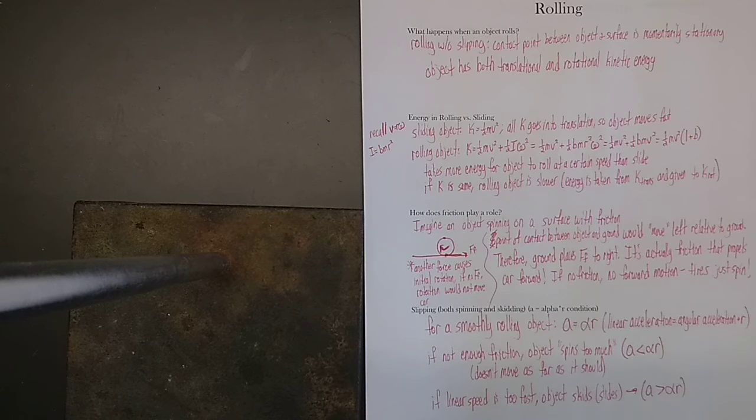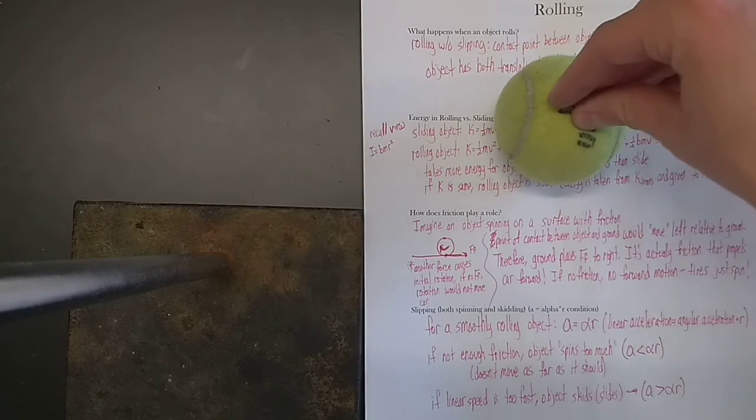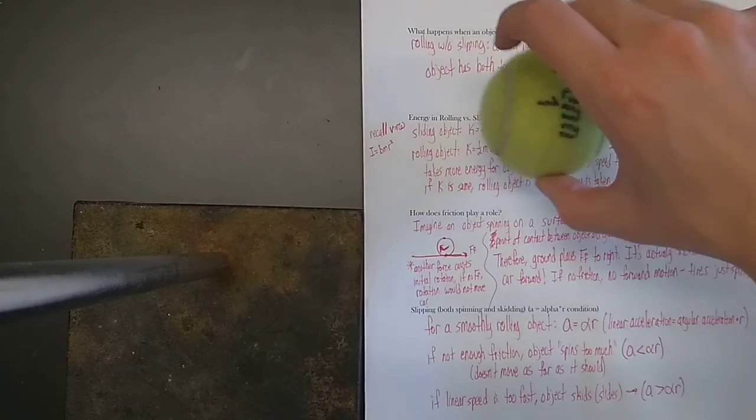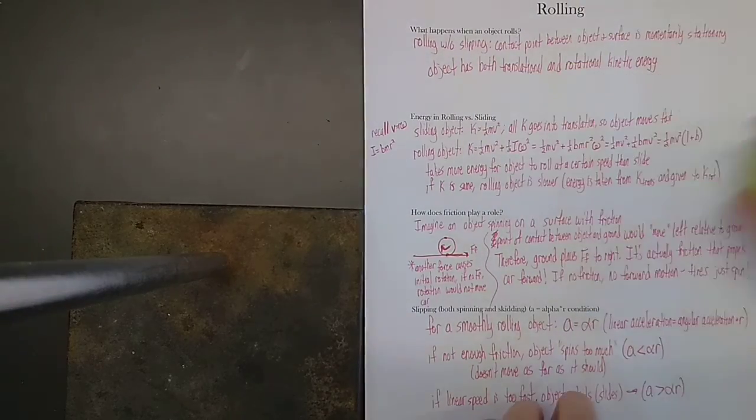But you can start to see that rolling is pretty complex. We're going to do the math behind rolling in the next video. But what I want you to take away from this is that number one, for rolling, you don't have any relative motion at the point of contact between the object that's rolling and the surface.